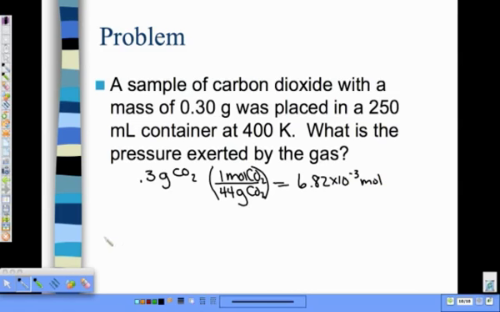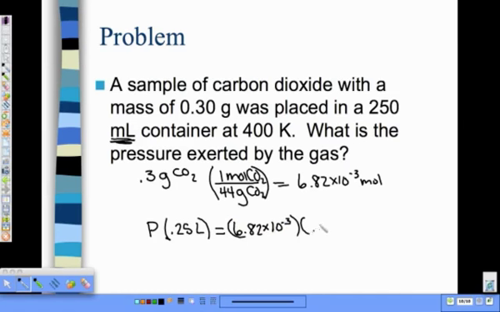Now if we write out our ideal gas law, pressure is what we're trying to find. Volume, 250 milliliters. Now remember we have to be in liters for the ideal gas law, so we'll change that into liters: 0.25 liters. n we solved for was 6.82 times 10 to the negative third moles.